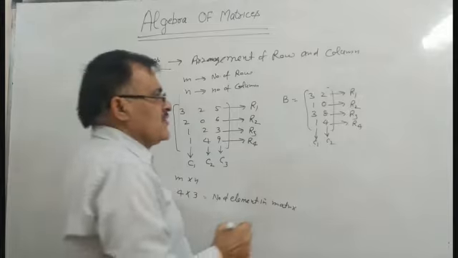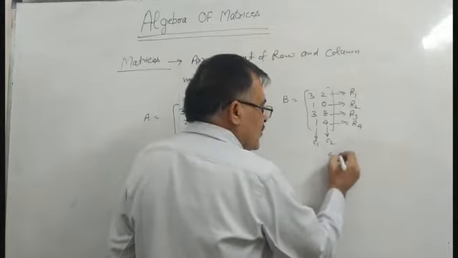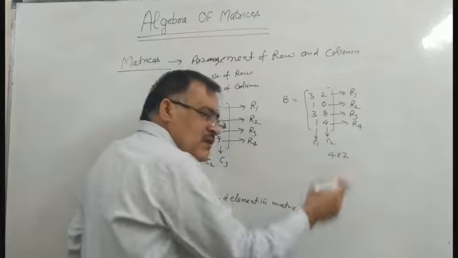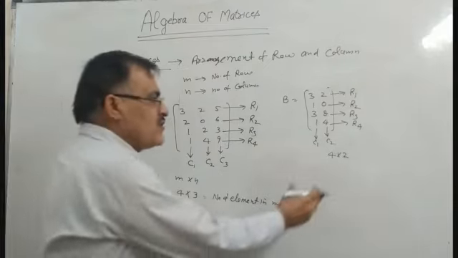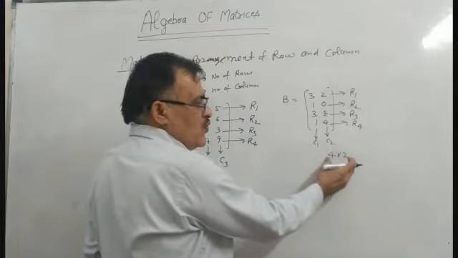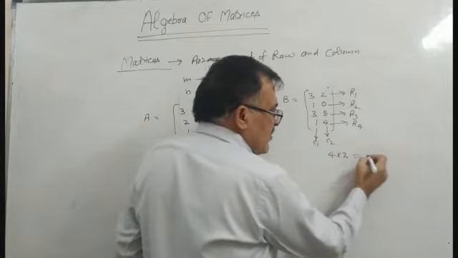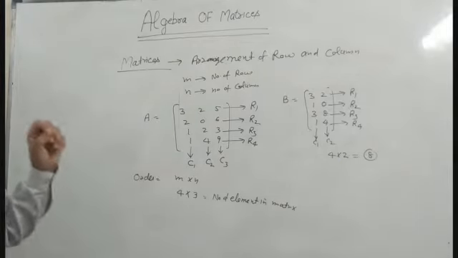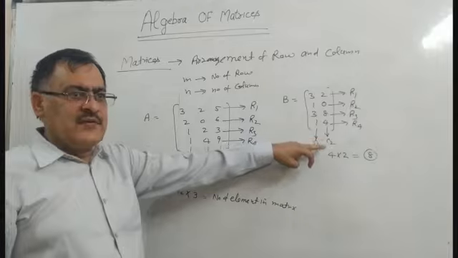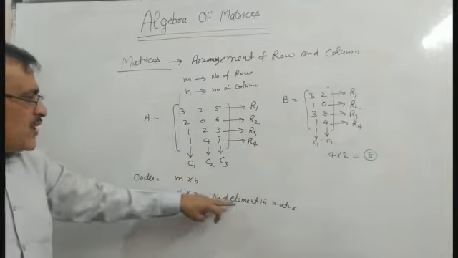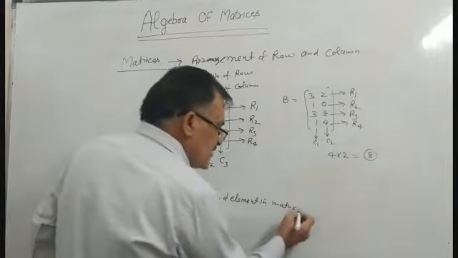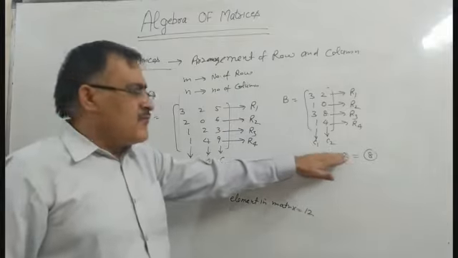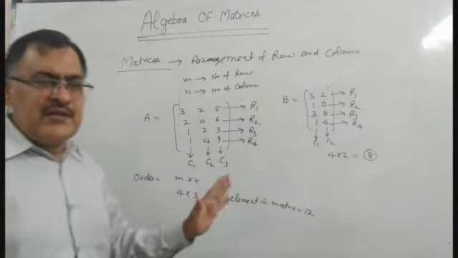So the order of this is 4 into 2, the number of rows multiplied by the number of columns, and the total number of elements is 8. In this matrix there are 8 elements, and in the previous matrix there are 12 elements. The product of the order is equal to the number of elements.